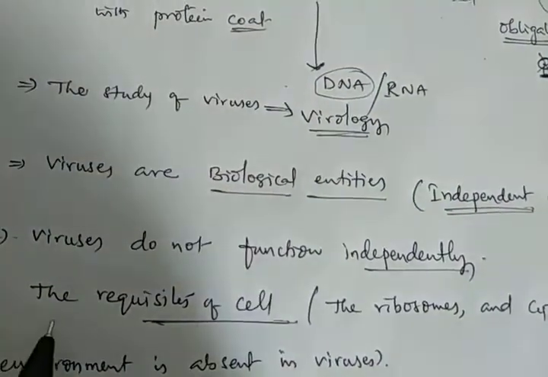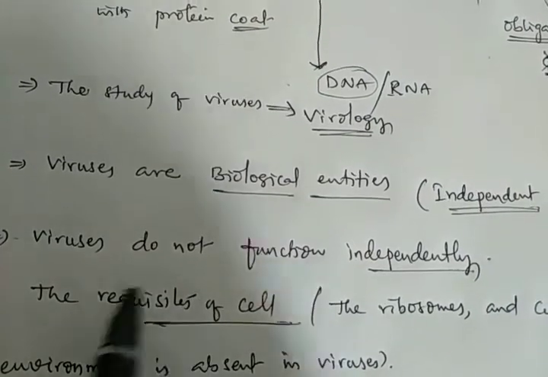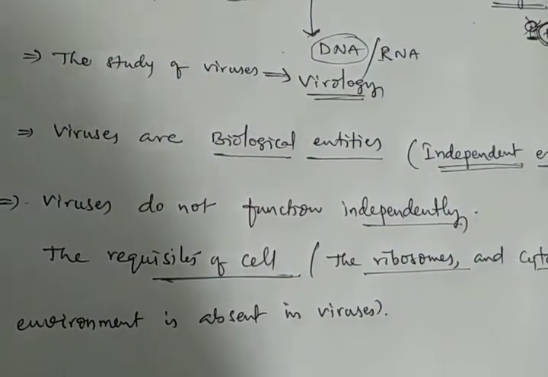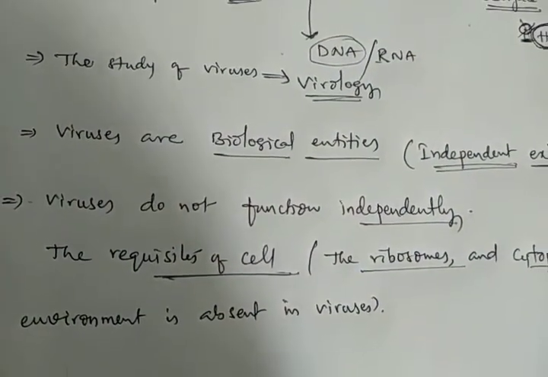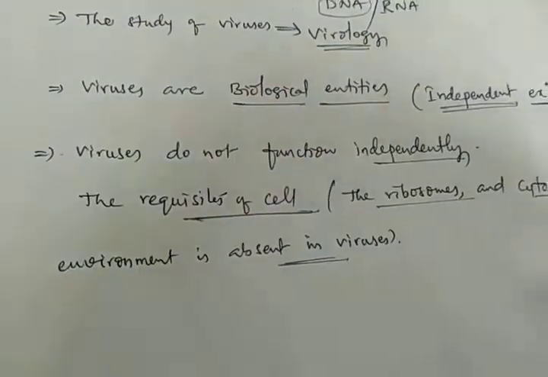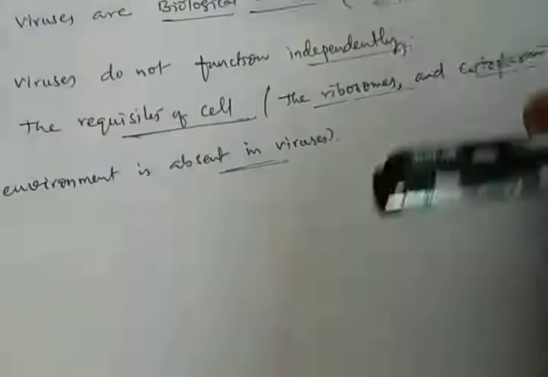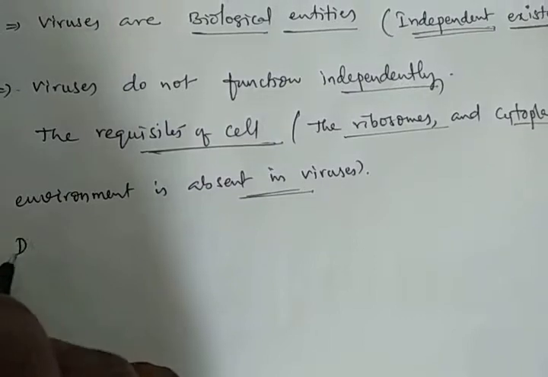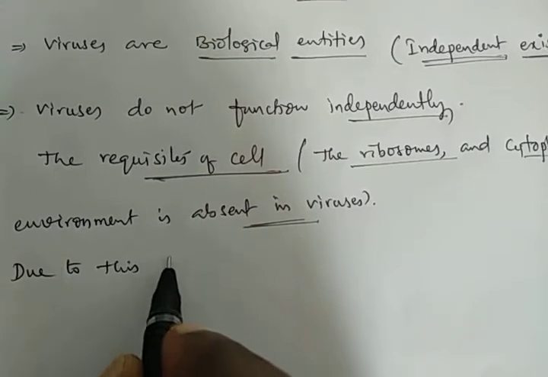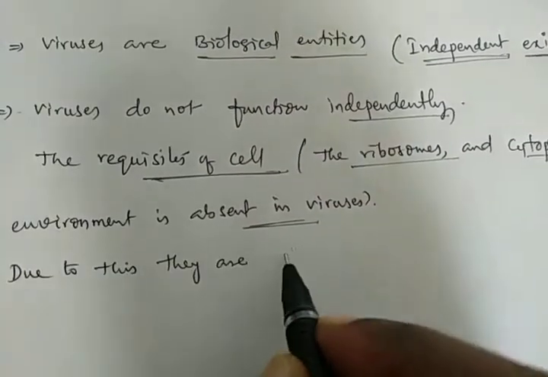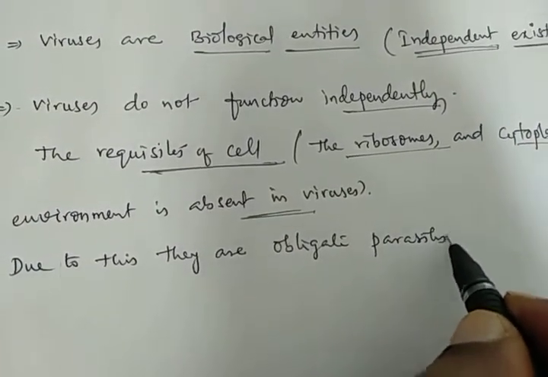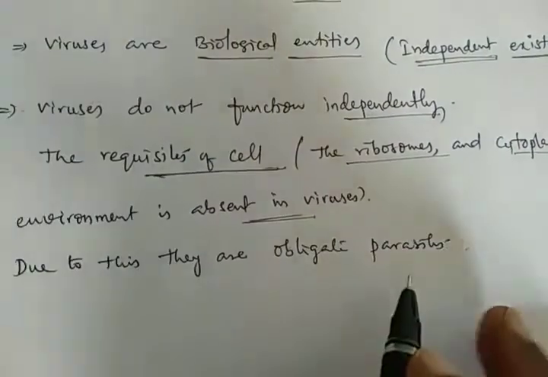The requisites of a cell means the components of the cell, like the ribosomes and cytoplasmic environment, meaning the mitochondria, plastids, glycosomes, nucleus. All these are absent in viruses. Due to this they are obligate parasites. Is it understood? Right.